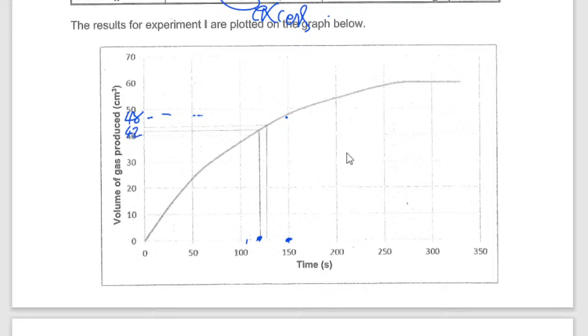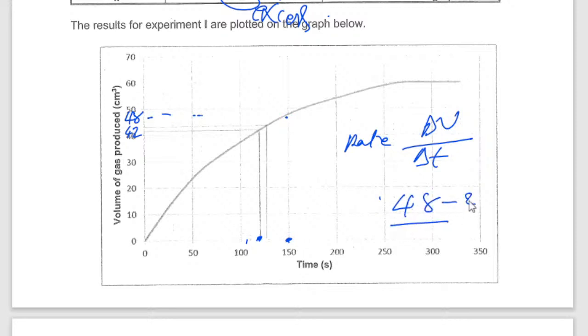Don't forget that the rate is the change in the volume or concentration of the product divided by the change in time. So rate is equal to change in volume over change in time, whereby the volume is 48 minus 42, divided by 150 minus 120.